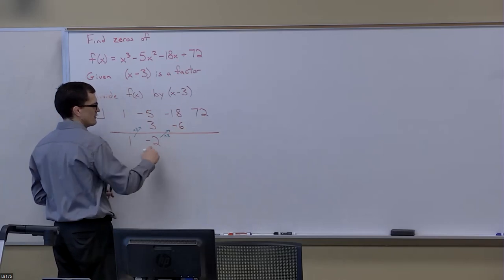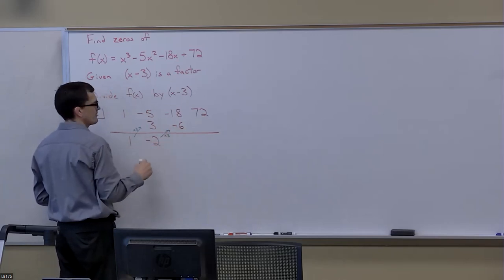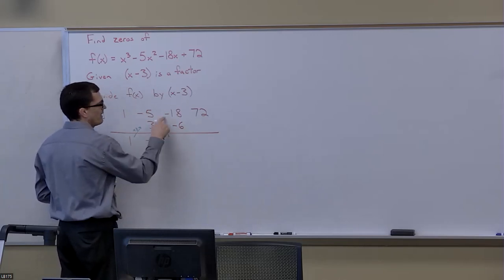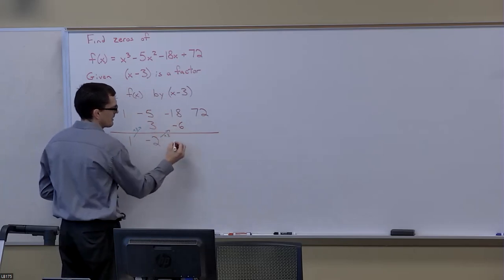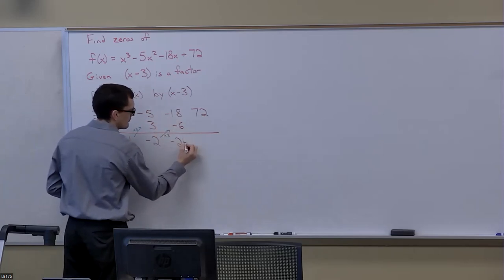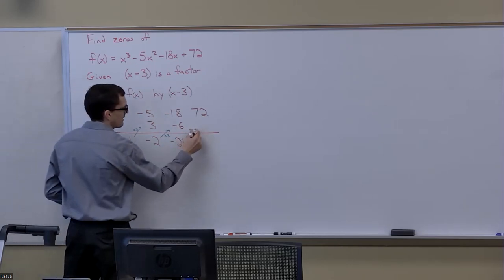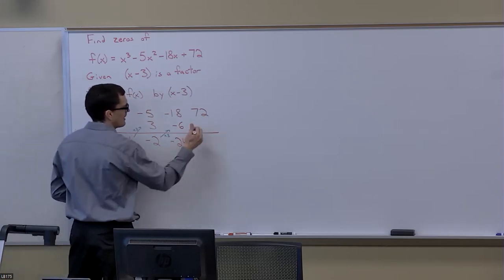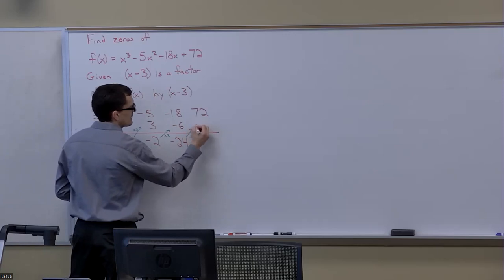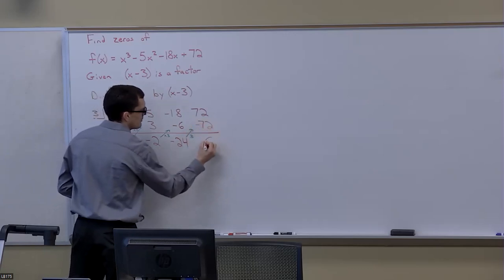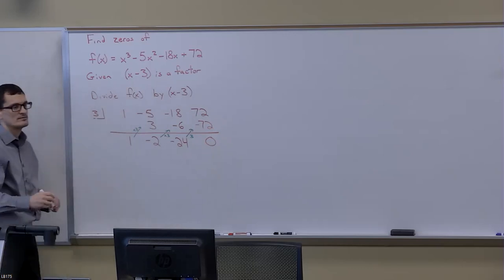That would become a negative 6. Negative 2 times 3 is negative 6. Negative 18 plus negative 6 is negative 24. Multiply that by 3. And sure enough, you get negative 72, which gives you remainder 0.